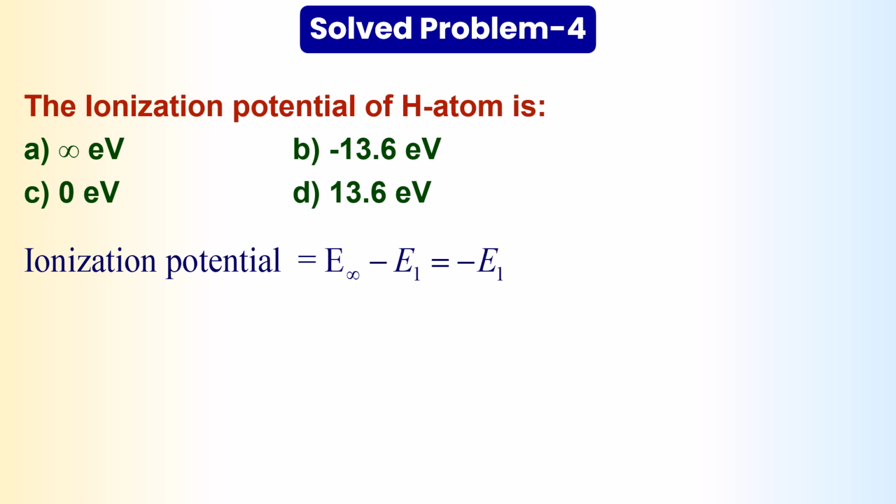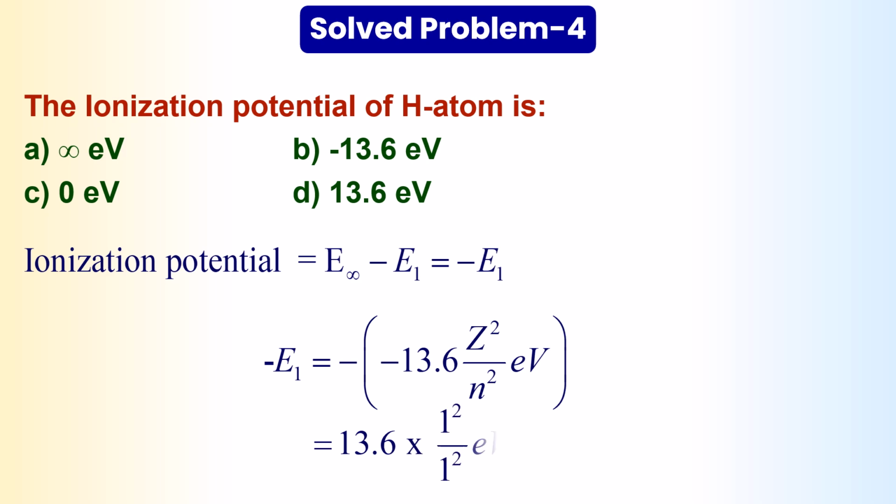Therefore, the ionization potential becomes equal to minus E1. Now, substituting the values of Z and n into the formula, we obtain 13.6 electron volts. Therefore, the ionization potential of the hydrogen atom is 13.6 electron volts, and the correct answer is option D.